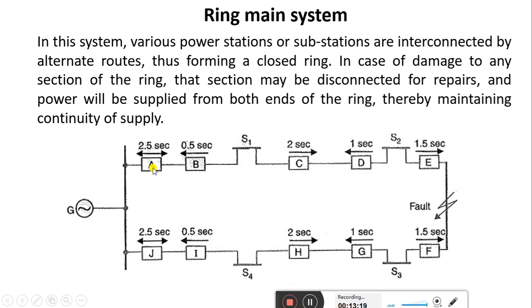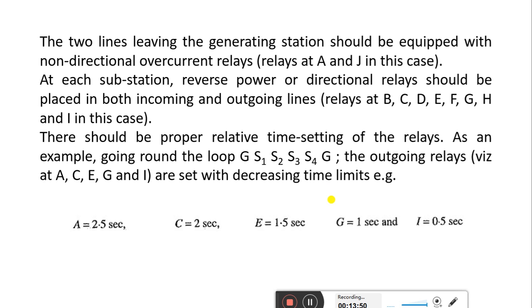Relay A is given 2.5 seconds, then relay C is given 2 seconds, then relay E is given 1.5 seconds, then relay G is given 1 second, and then relay I is given 0.5 seconds. So if you move in the clockwise direction, the relay setting is in decreasing order. That is the main purpose of the ring main system.